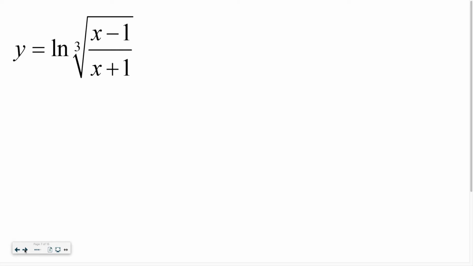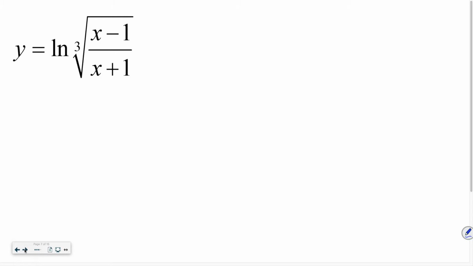There's a lot going on, isn't there? Do you really want to take the derivative when we do the chain rule of the cubed root of a quotient? Okay, but it's inside of a logarithm, so is this our only option of how to write it? No, it is not.